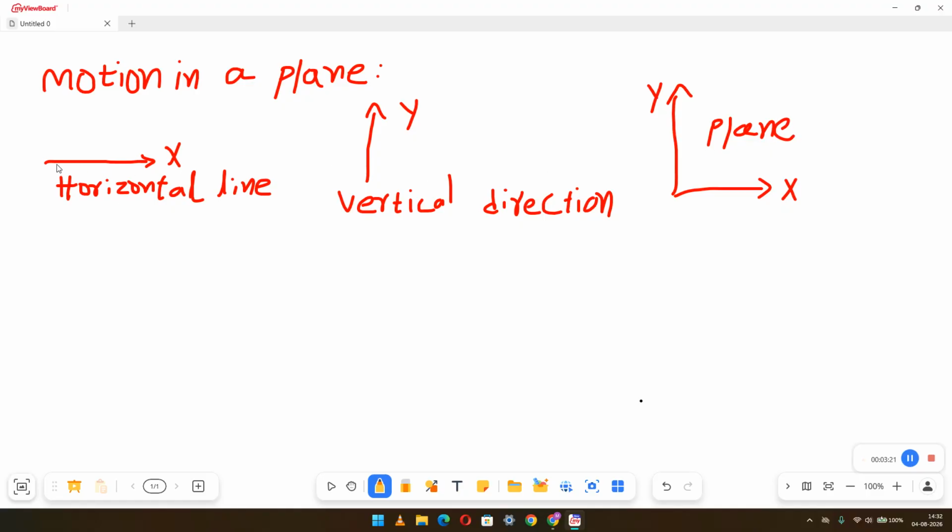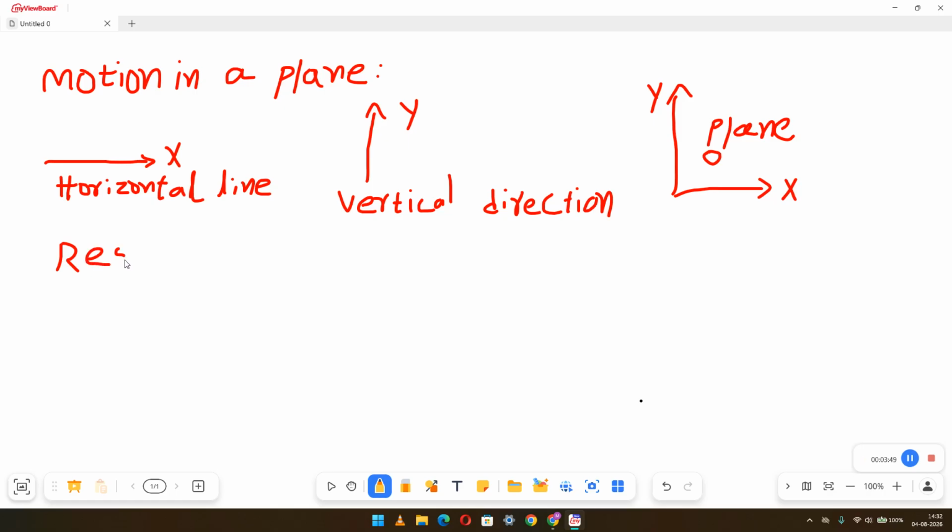In horizontal direction, we discuss only the character of the object in one direction. But in a plane, we discuss the motion of the object in two different directions, x-axis and y-axis.